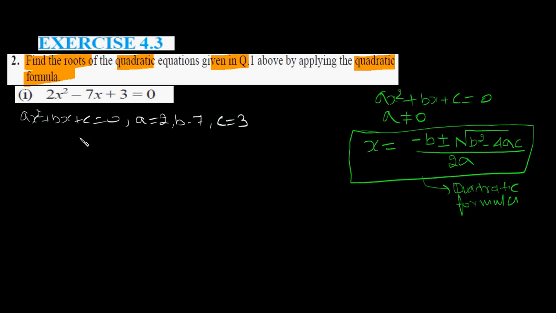So now the value of x using the quadratic formula will be minus b plus minus square root of b square minus 4ac upon 2a. Now we will substitute the values of a, b and c.